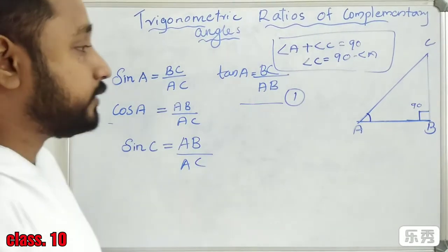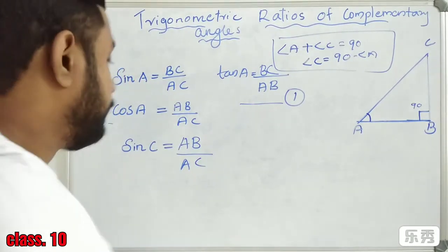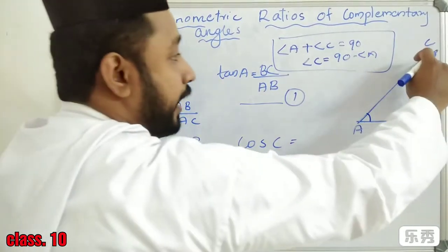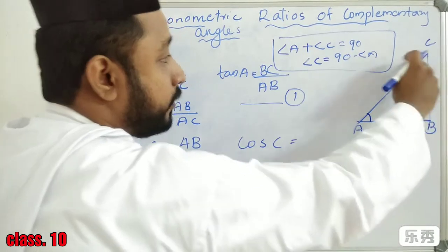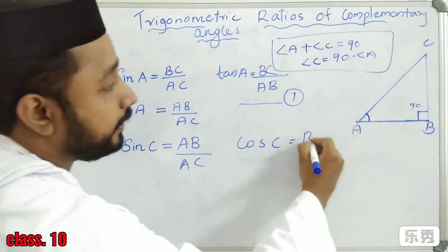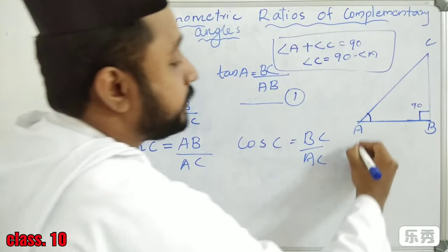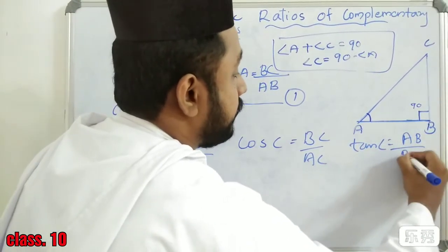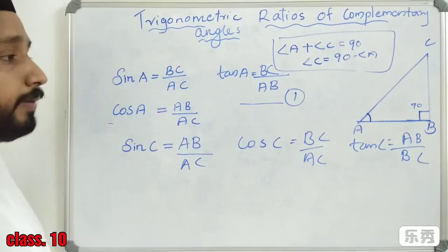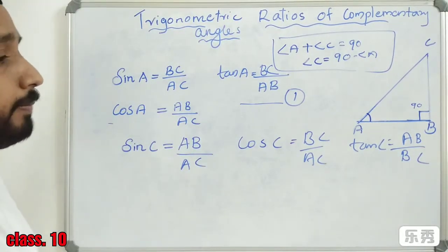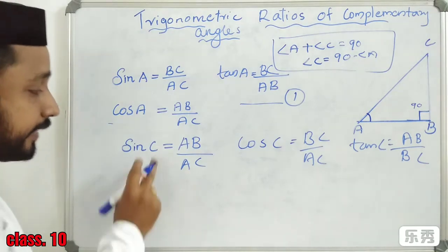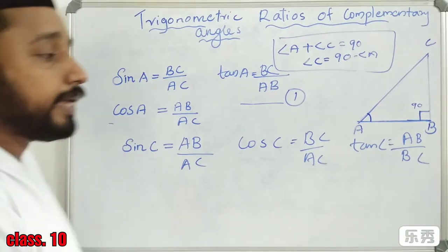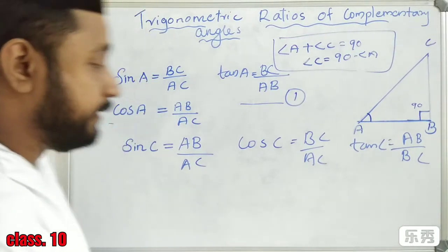So sin C is equal to AB by AC. Then what about cos C? For angle C, the adjacent side is BC and the hypotenuse is AC. Therefore, cos C is equal to BC by AC, and tan C is equal to AB by BC.